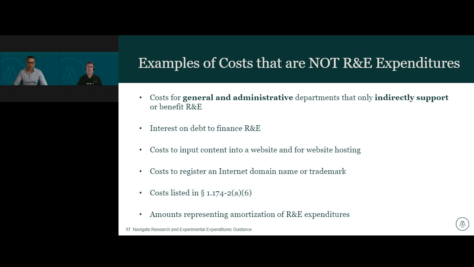So those were the items already excluded under Section 174 regulations. And then lastly, amounts representing amortization of R&E expenditures.